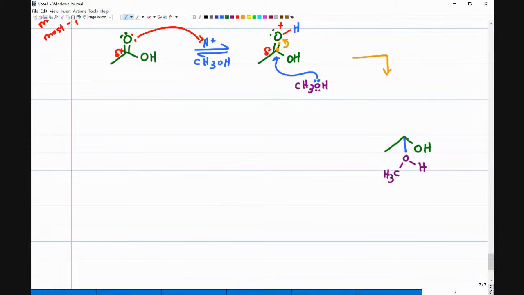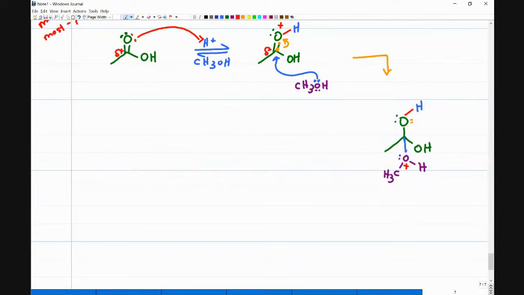And then up here I have oxygen, one lone pair. The orange electrons give me a second lone pair, and I still have the hydrogen from the activation step right there. So now I have an OH here. I have an OH here, and here I have the CH3OH that attacked. It has only one lone pair and a positive charge.